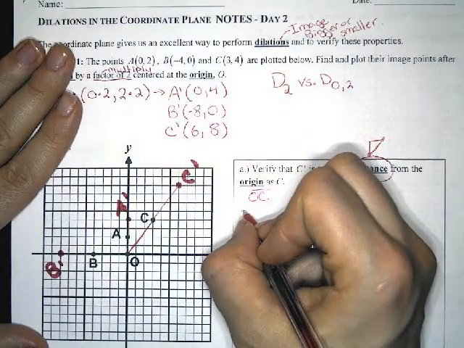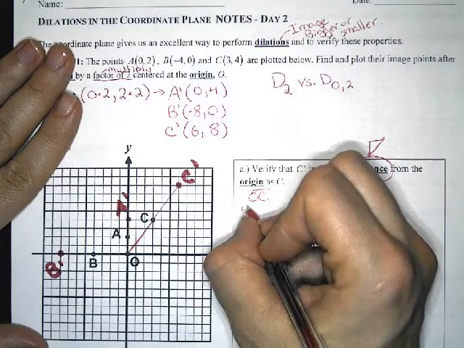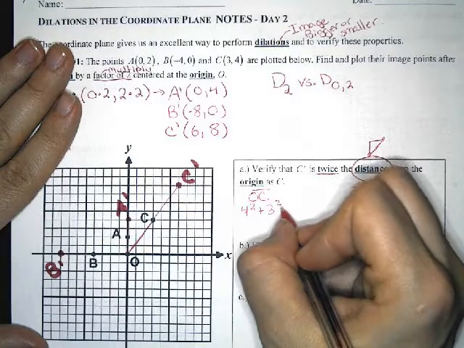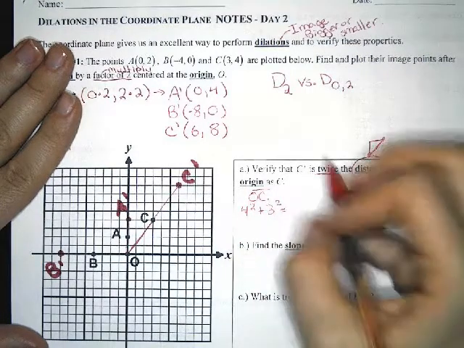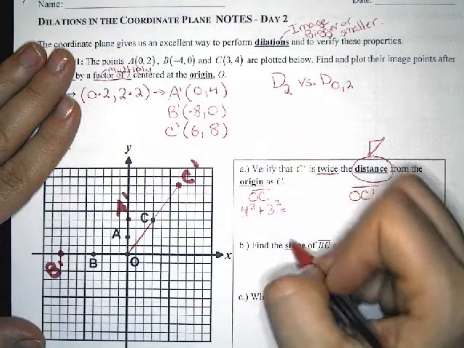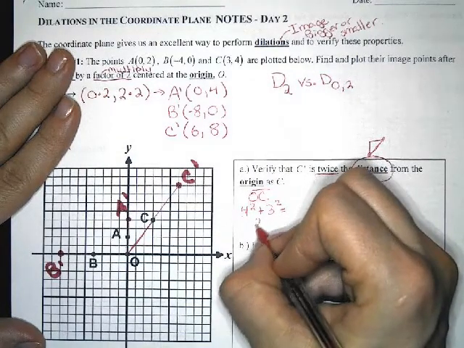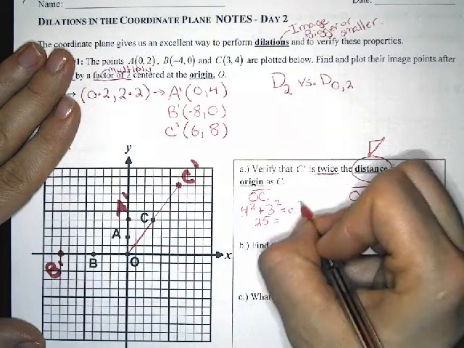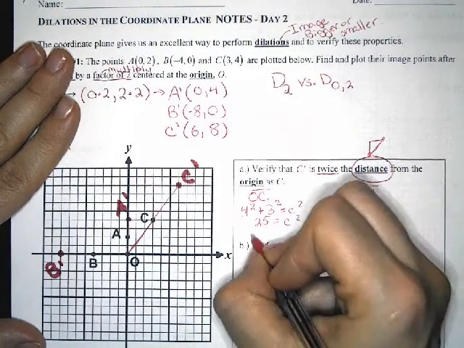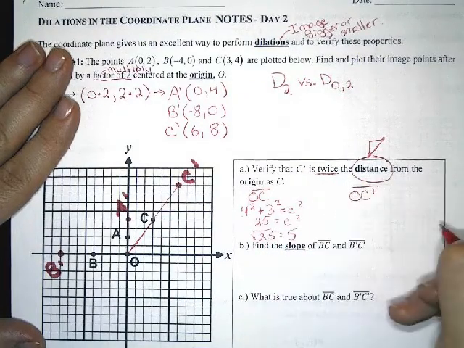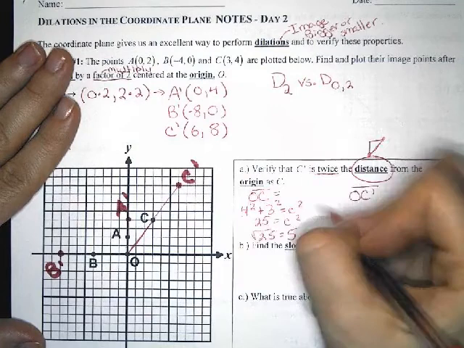So my A squared would be the 4 squared plus the run equals the OC. Now if we put this into our calculator, this comes out as 25. And now remember, at the end we have to take the square root. So the square root of 25 is 5, which is the length of OC.